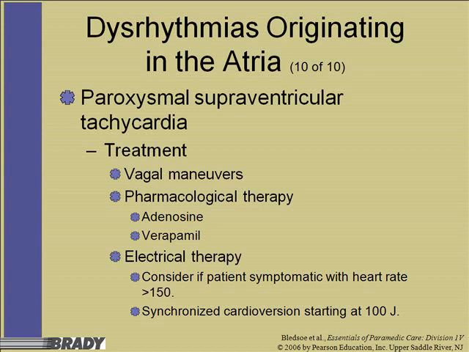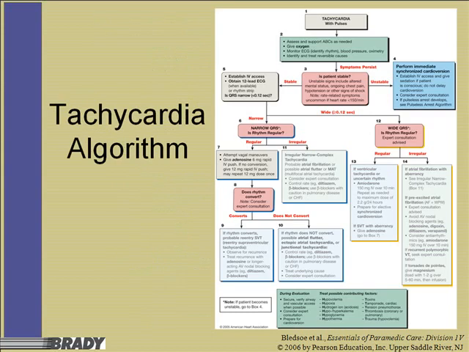So that's kind of our last resort if we can help it. I choose to try to do the best I can with pharmacological first, but on occasion you may have somebody that you may have to cardiovert. And don't forget, we want to consider giving something like Versed to sedate the patient prior to the electrical therapy.